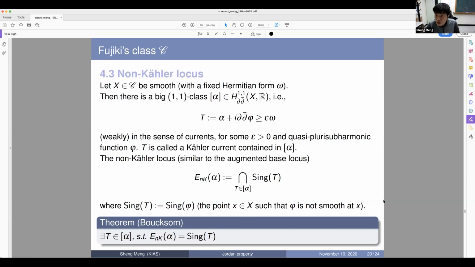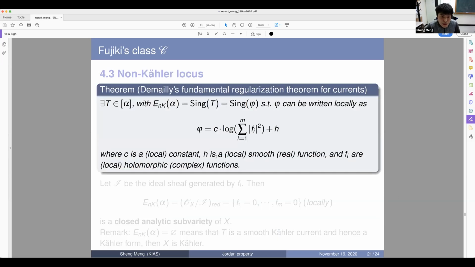And furthermore, by the famous result of Demailly, the fundamental regularization theorem for currents, we can further require this potential function phi to be written precisely in this form.